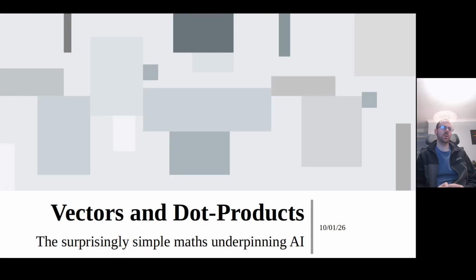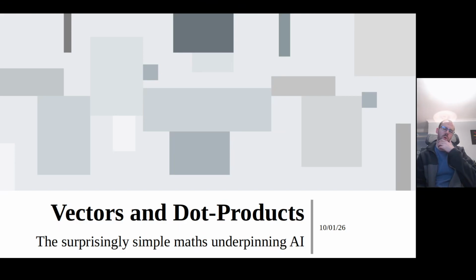So this presentation is about the surprisingly simple maths underpinning AI. Obviously large language models were invented a few years ago, and for me I found it very annoying that I didn't actually know how artificial neural networks and stuff work. And when you try and research it, there's an infinite amount of information.